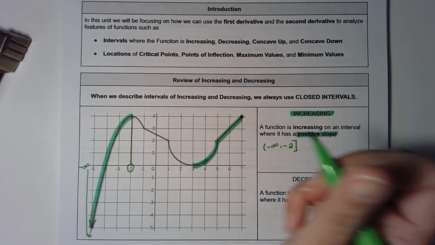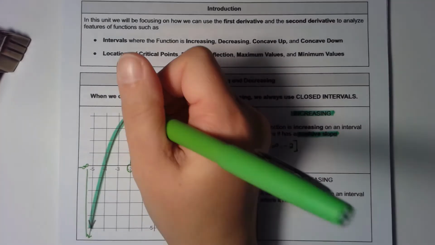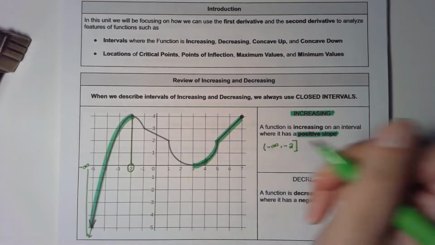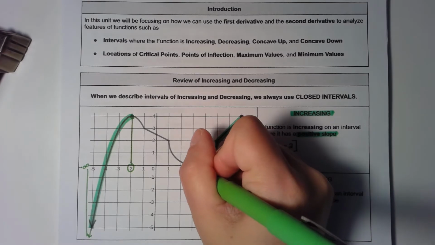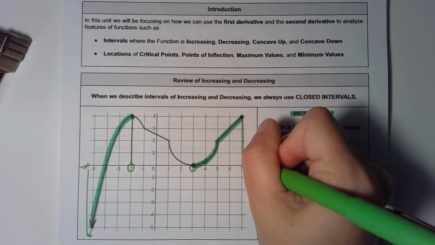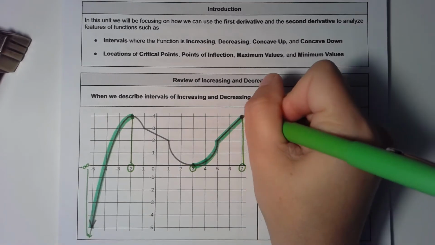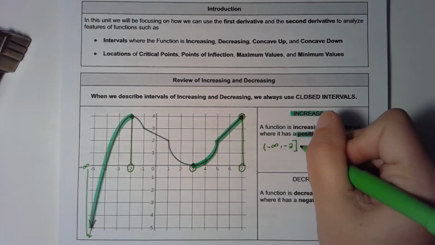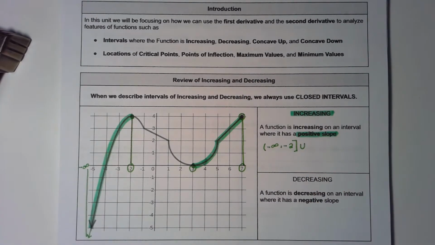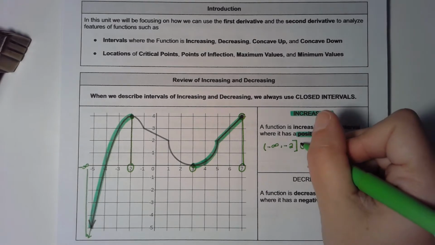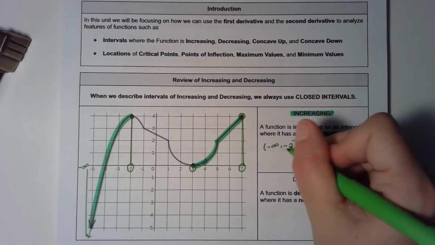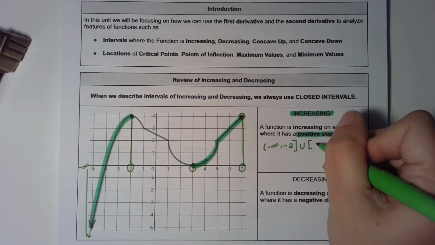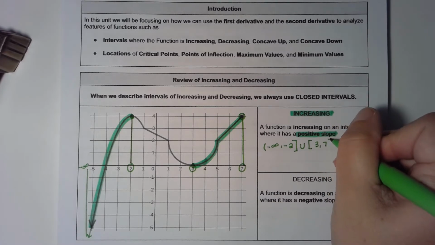And we're going to put a bracket there because there's a closed circle. It kind of stops right here at the top. The next interval would start from +3 and it would go to the +7. And that would be our other endpoint. And we use the union symbol for joining two intervals together. So union means and. So it's this first interval and the interval from 3 to 7.